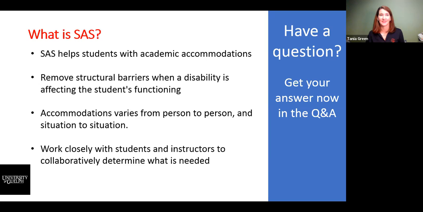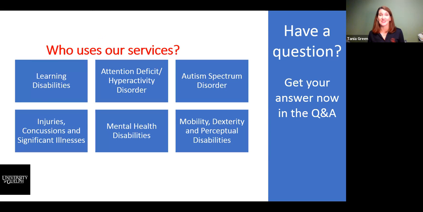Okay. Who uses our services? Students can use our services who have learning disabilities, attention deficit hyperactivity disorder, autism spectrum disorder, injuries, concussions, significant illnesses, so any kind of medical condition, mental health disabilities, and mobility, dexterity, and perceptual disabilities.